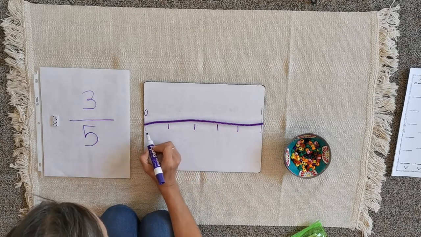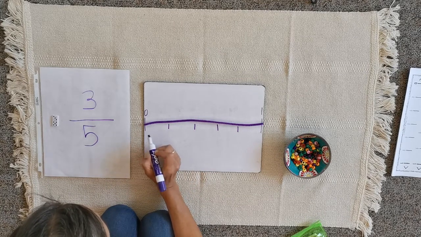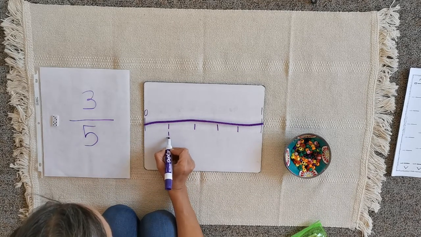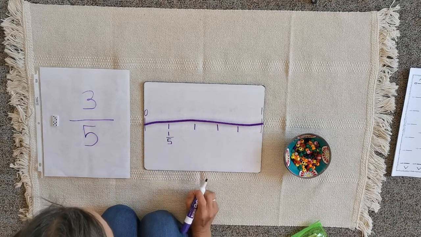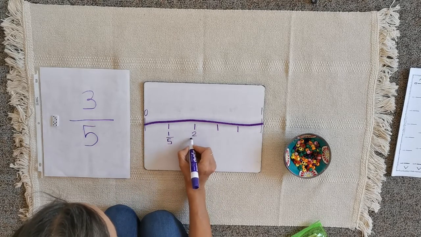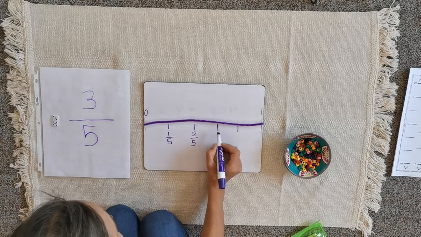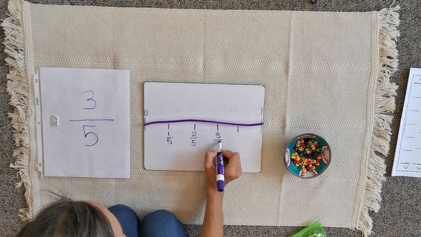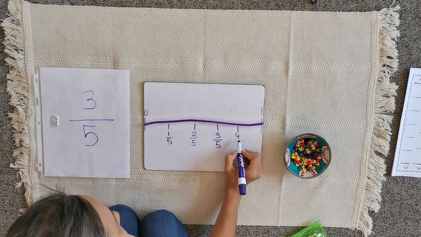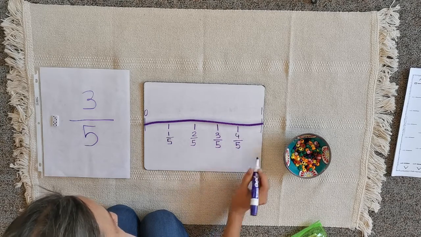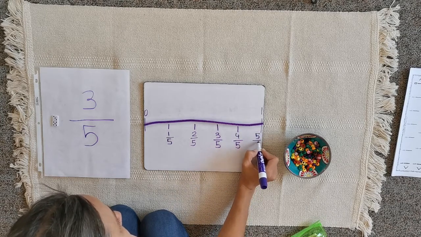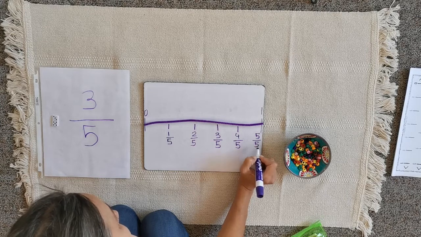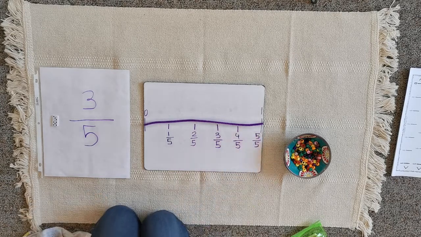So I have my 0. This will be my first fifth, second, third, fourth, and fifth. So the whole. I'm going to leave it in there.